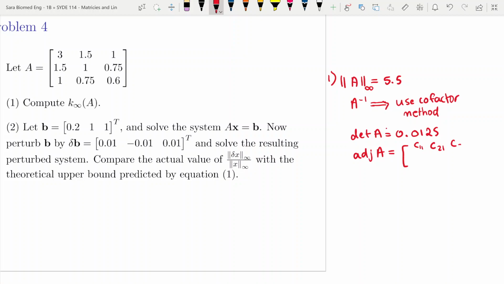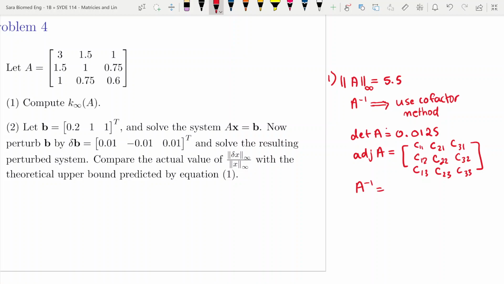So A inverse equals 1 over determinant of A times the adjugate matrix of A. It gives you 3, 12, 10, 12, 64, 60, 10, 60, 60.